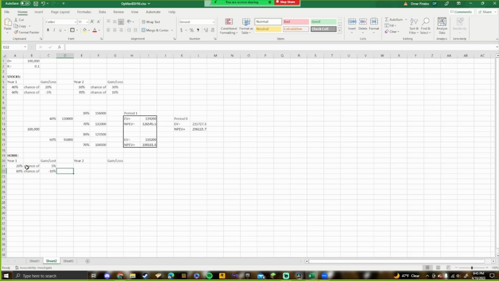So that's negative 10. Now we have our year 2 for the home, and that is a 50% chance of the value going up by 15%. And this is a 50% chance of the price going down 20%.